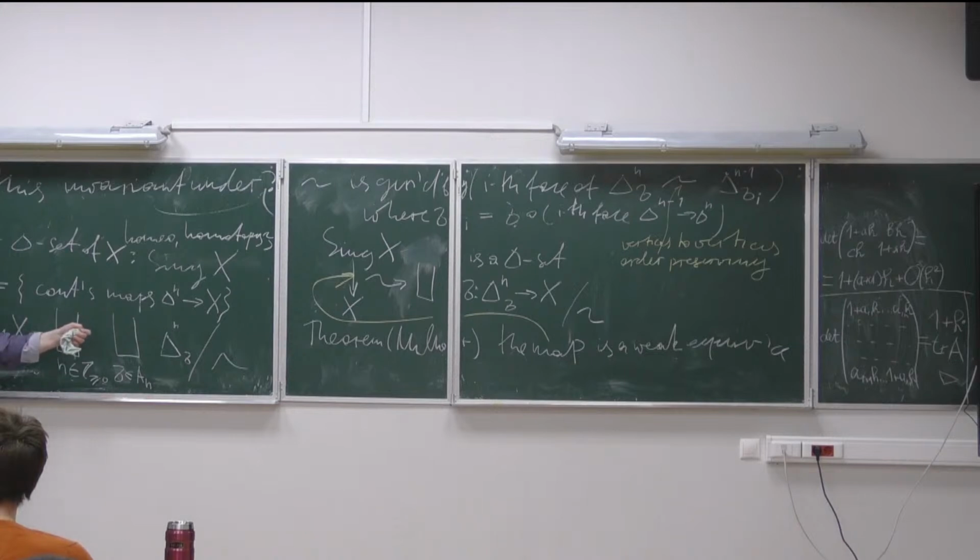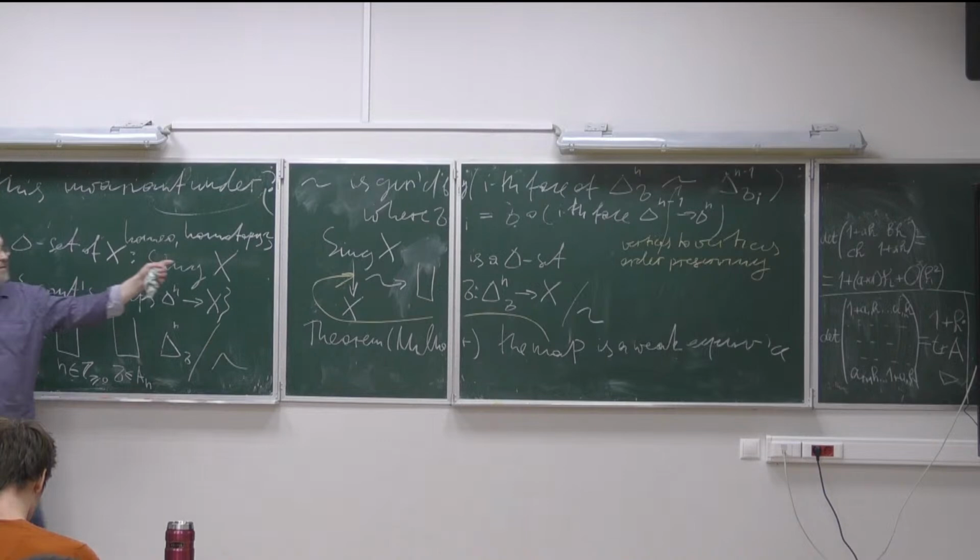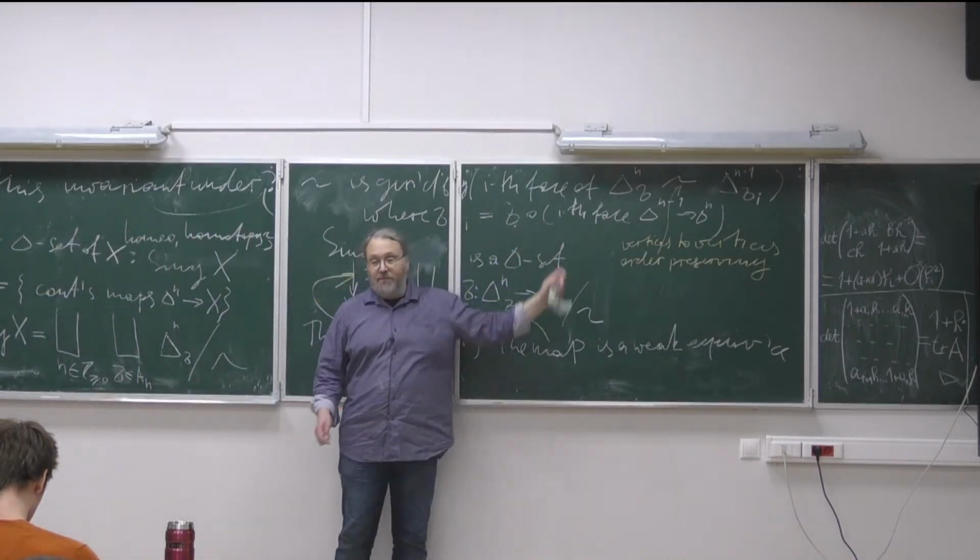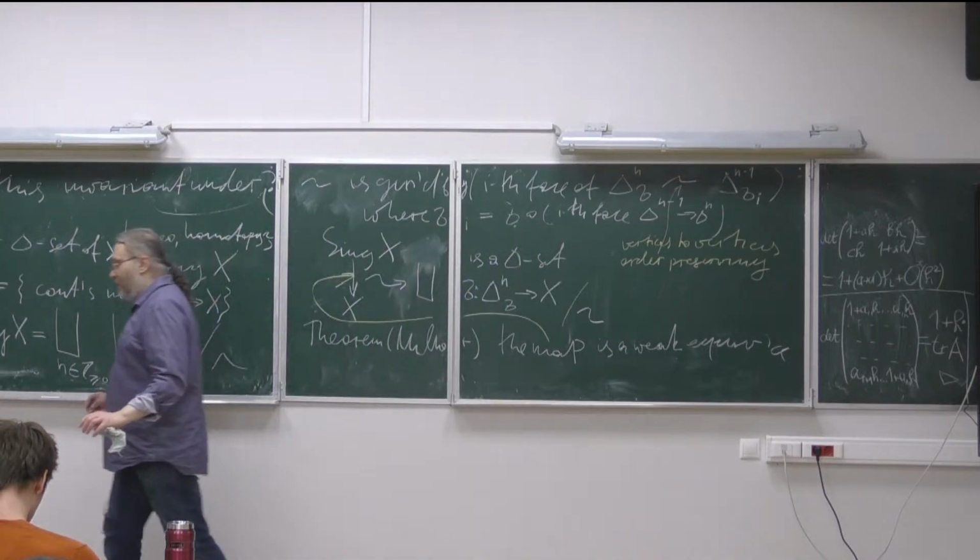Let's take the standard metric on each of the simplices. The standard metric is the one that's induced from R^(n+1). So the standard metric, those ith face maps preserve the standard metric just on the nose.